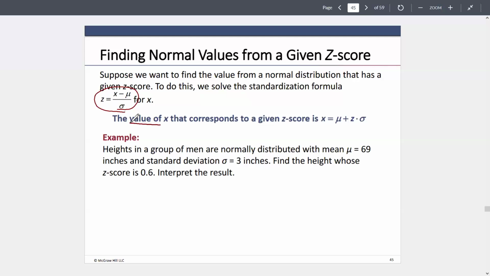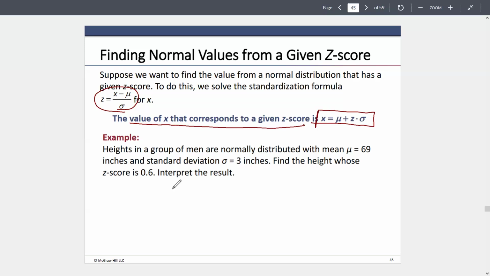If we want to find the x that corresponds to a given z-score, we need to know the mean and standard deviation. Then x is the mean plus the z-score times the standard deviation. Very close to what we did before.